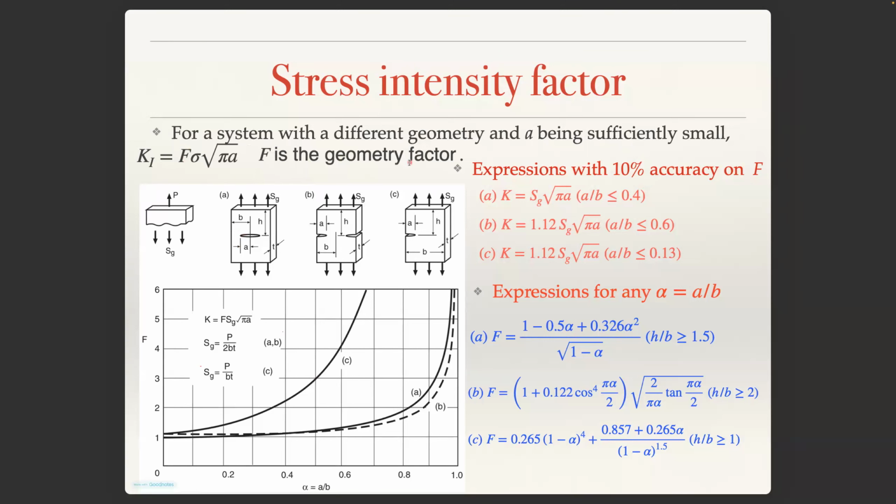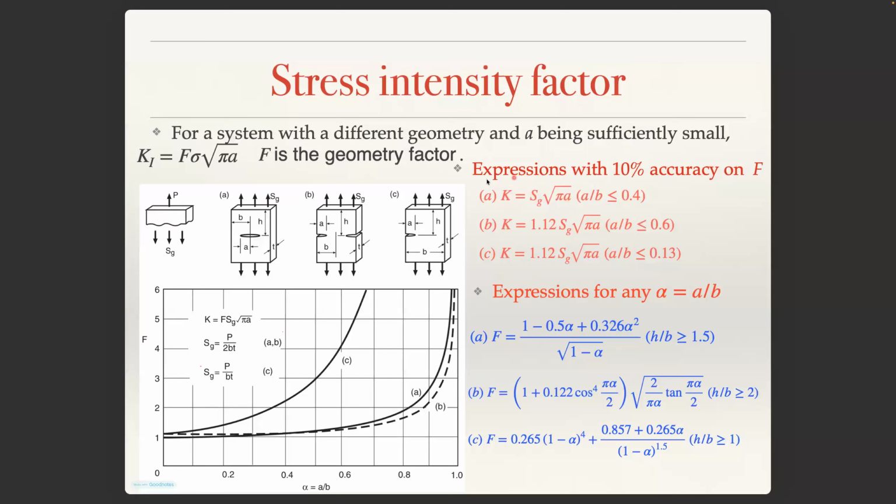So your K1 will not be simply sigma root pi a, but F times sigma root pi a. Sigma is the far field applied stress. In this figure, what is sigma? Sigma is my SG, the gross stress, a far field stress that is being experienced.